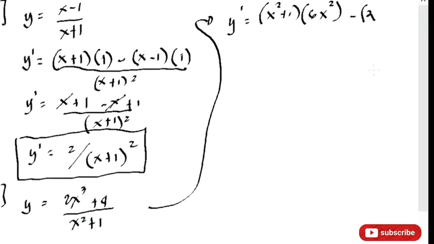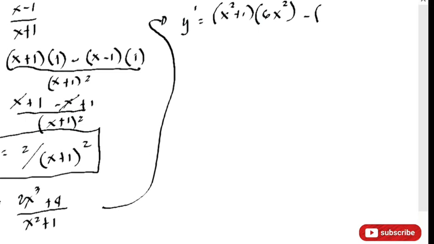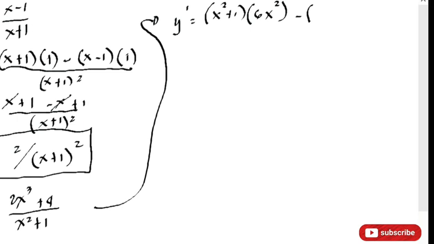It looks like it's no longer a cube, so let's redo it. 2x cube, there. 2x cube plus 4, times the derivative of the lower. What is the derivative of x squared plus 1?